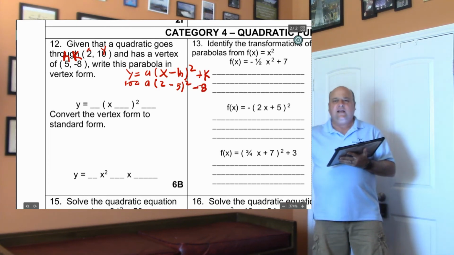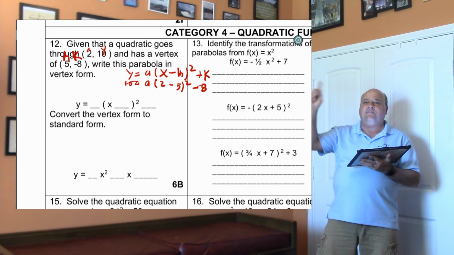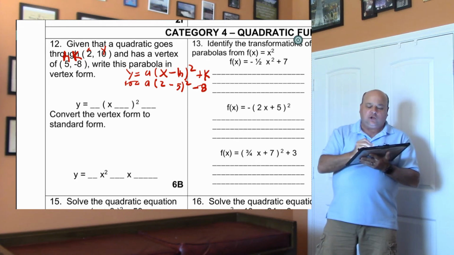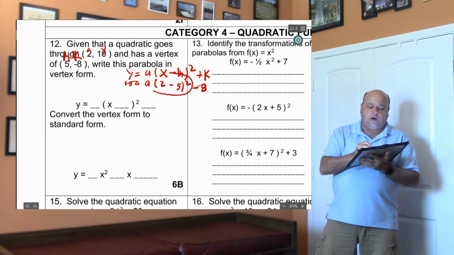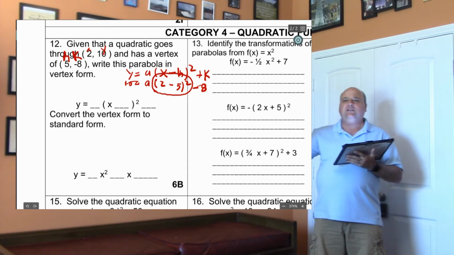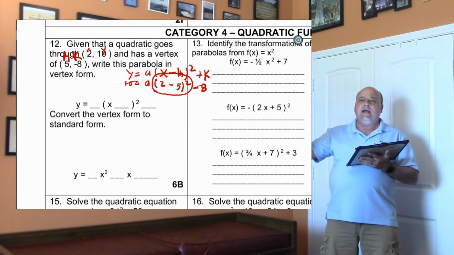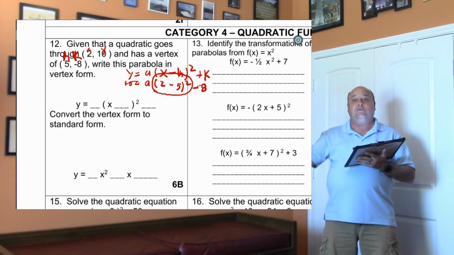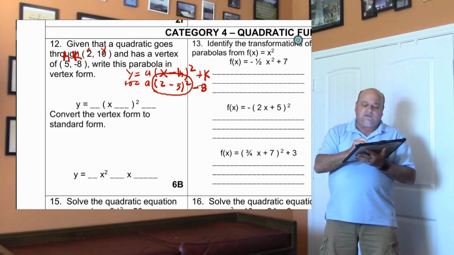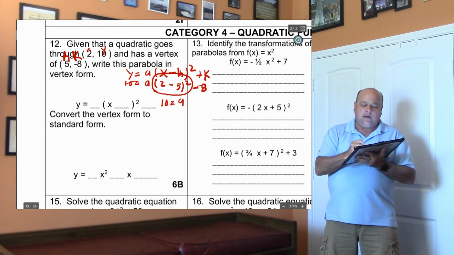Now I'm going to do the next step for you and let you finish up. We've got to find out what a is. So you have to do this part first. So 2 minus 5 is negative 3. Negative 3 times negative 3, or negative 3 squared, is 9. So this is going to turn into 10 equals 9a minus 8.